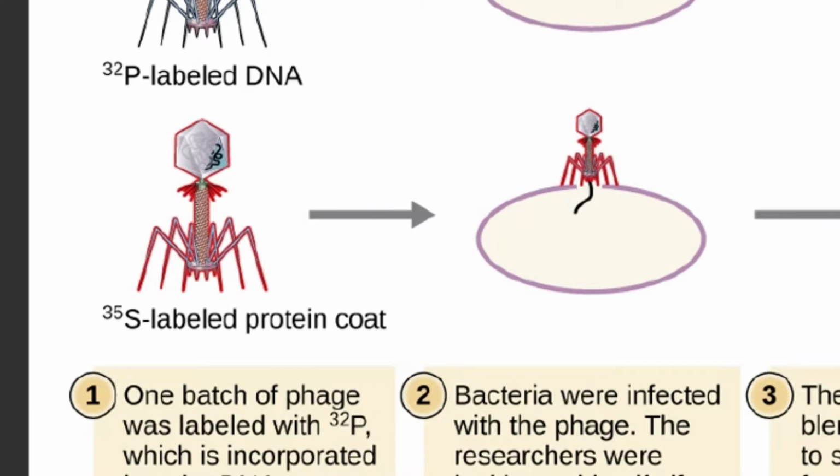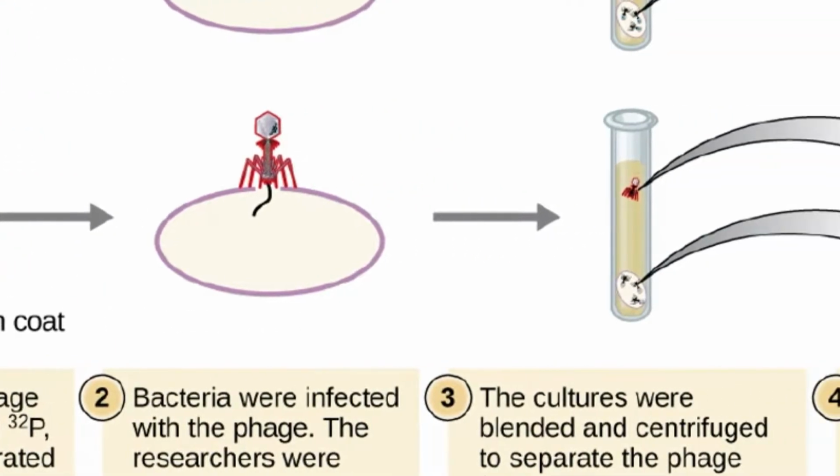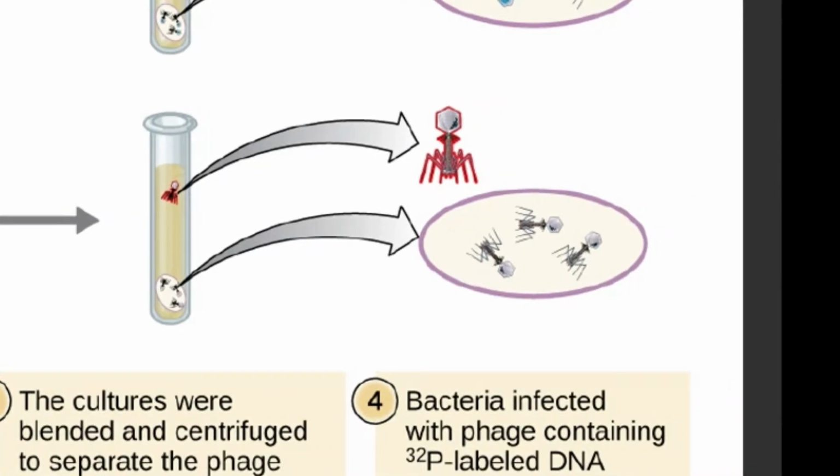They radioactively labeled the sulfur component of the protein, allowed the bacteriophage to infect the cells, and then looked for the radioactivity and saw it in the solution in the supernatant, not in the cells.